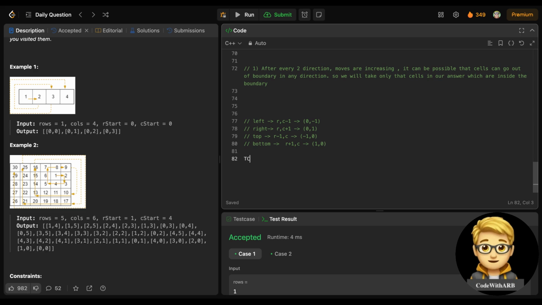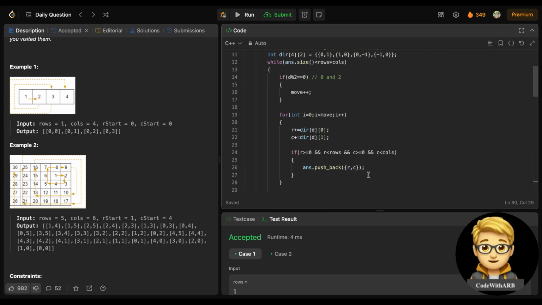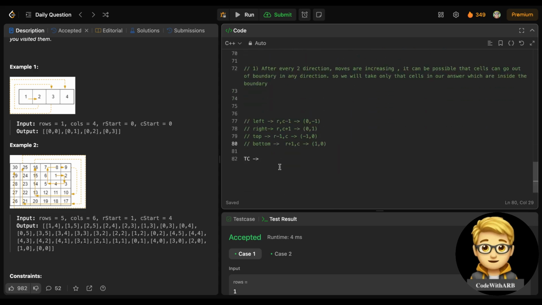Okay, time complexity. Just imagine that we are moving in each direction, moving out of the boundary for each direction. For a particular row, till how many moves can I change directions?